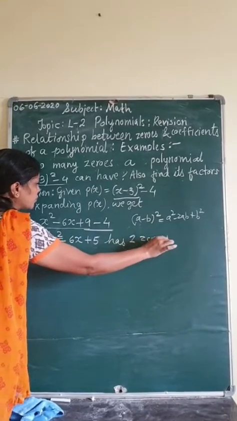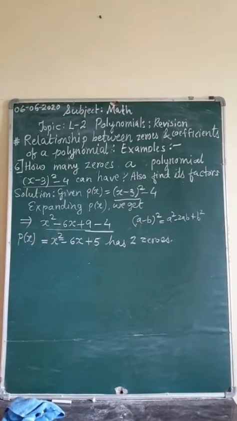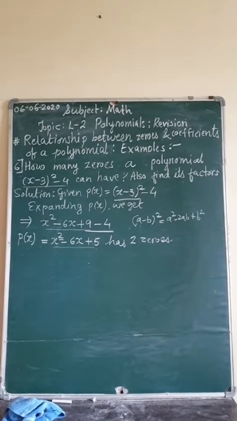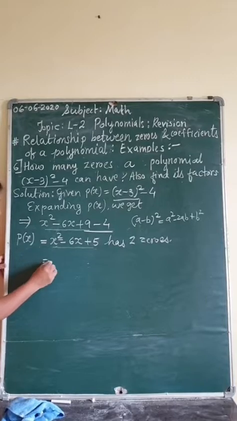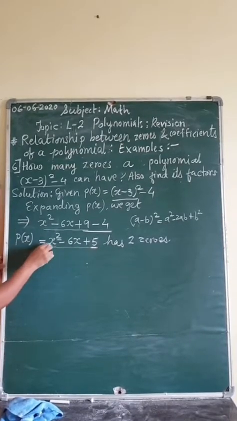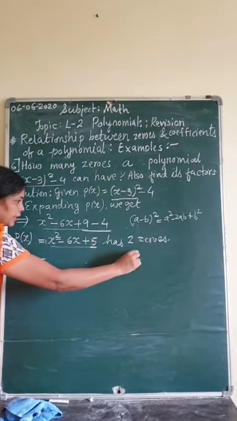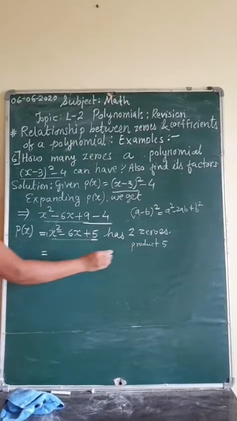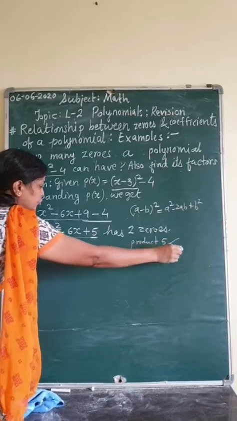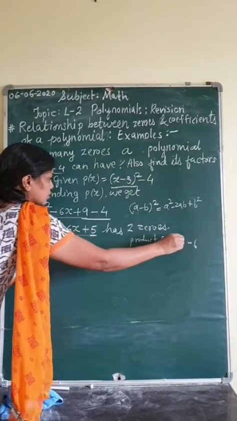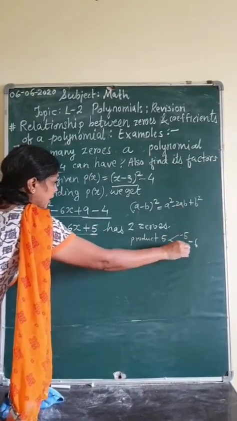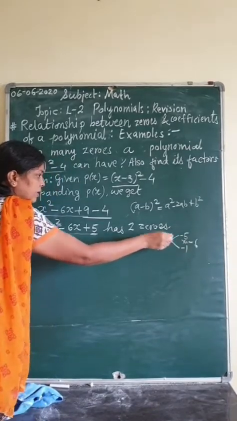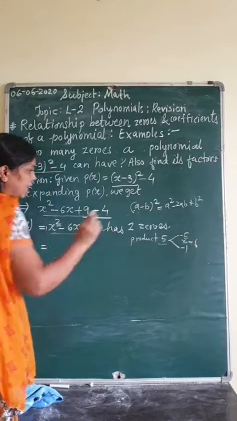Next, they have asked us which are these 2 zeros. So now we can solve this to find the 2 zeros. If you see, this has 1, so the product is 5. We have to split it in such a way that the sum should be minus 6. So we have here minus 5 and minus 1. Multiplication of that gives us product 5, and addition of that gives us minus 6.